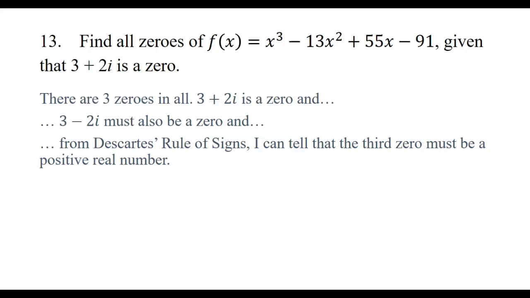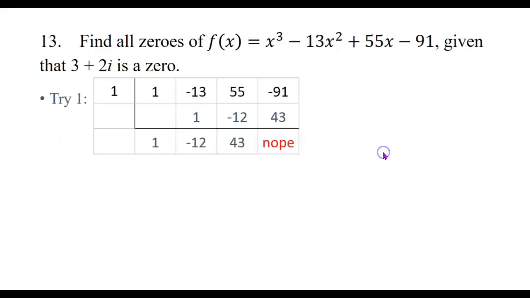It's the number of sign changes, or it's that number minus an even number. It always goes down by 2. Well, all 3 of them can't be positive because we've already found 2 of them and they're not real numbers at all. But the one that we haven't found, that must be a positive real number. So that third zero that we haven't found yet, we can at least say that it is a positive real number.